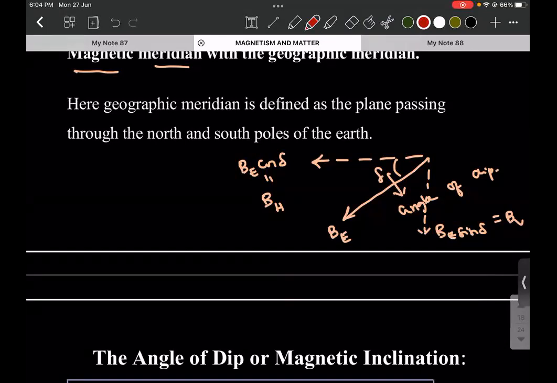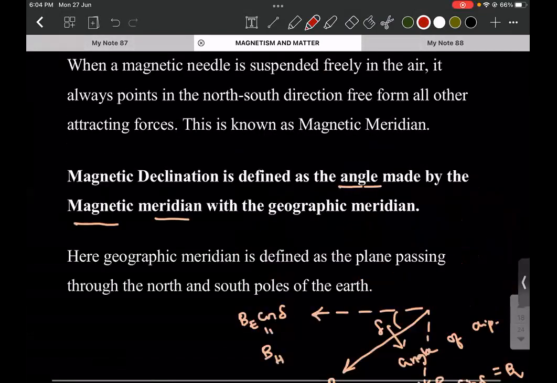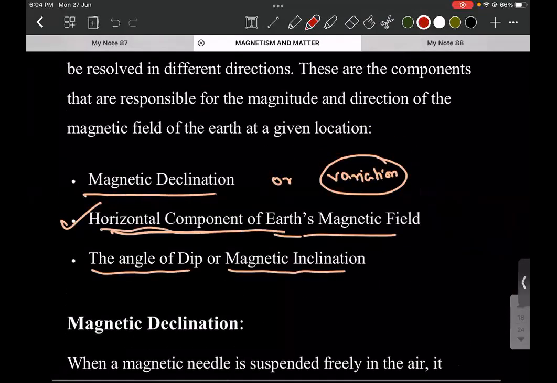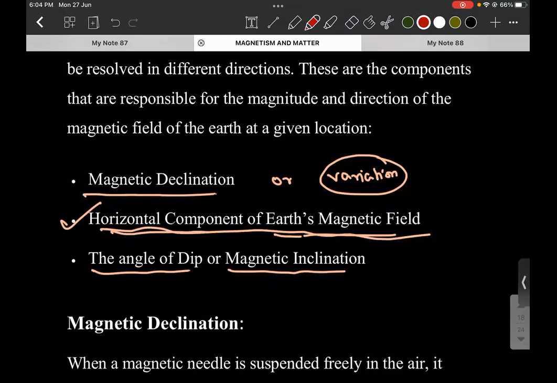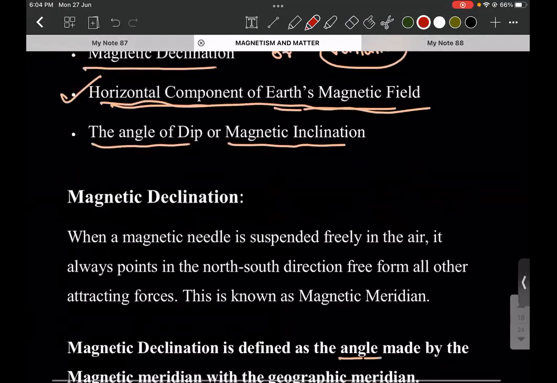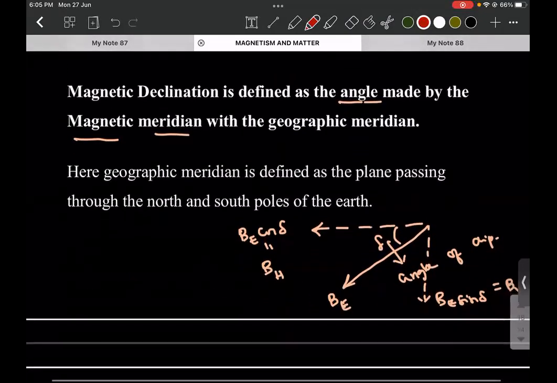It has an importance because the horizontal is the one which is making the angle with the Earth's magnetic field. That is why we don't consider the vertical component. If you know the horizontal component, then it indirectly tells you the Earth's magnetic field and the angle of it. That is why the third component of Earth's magnetic field is the horizontal component. Guys, does it make sense? Are you able to understand what I'm trying to say?